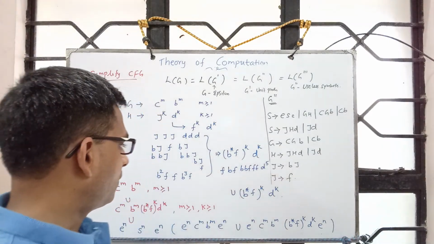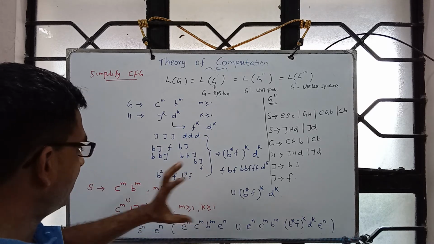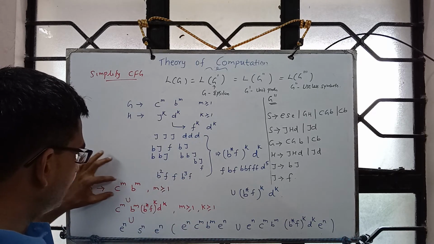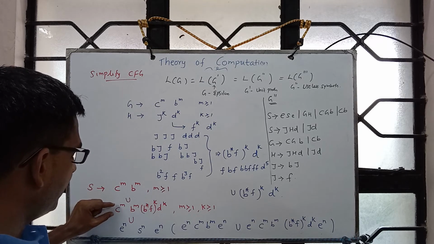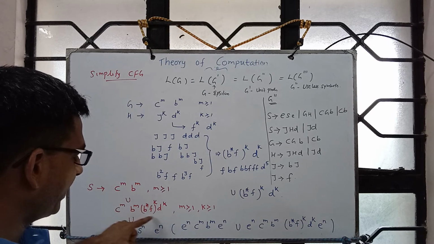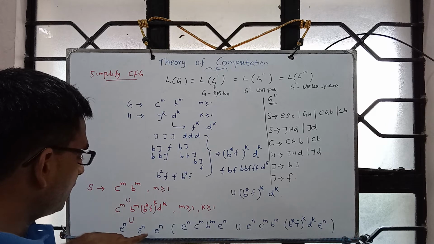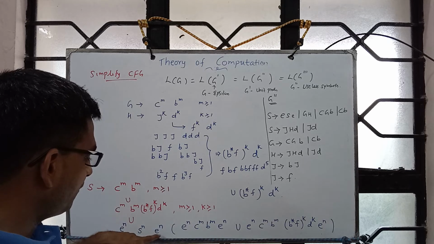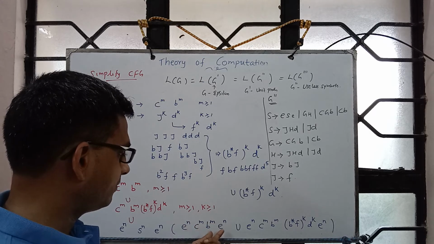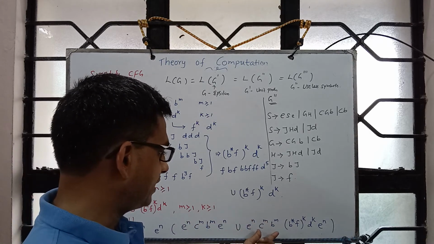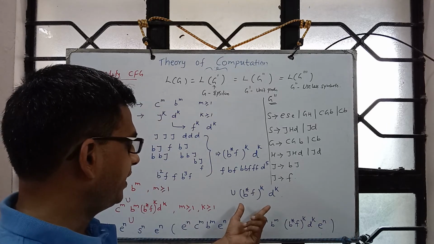Fine. So now what is this telling you? The language generated by this grammar, it could be either just C and B, or you get to see Cm, Bm followed by this, okay, or it could be e power n followed by s power n followed by e power n, which means e power n, c power m, b power m, this, or e power n, c power m, b power m followed by this, or it could be this.